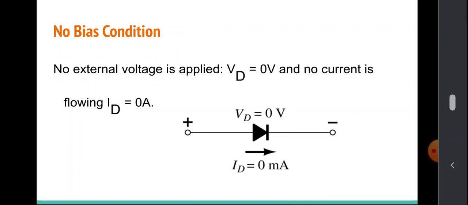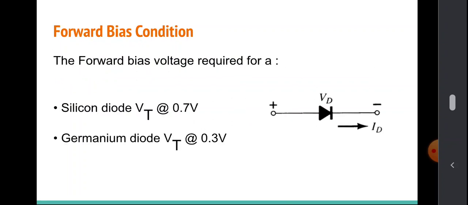So no external voltage is applied and no current is flowing. When we say the no bias condition, the voltage across the diode is 0 volts and the current is 0 ampere. So that's the no bias condition.